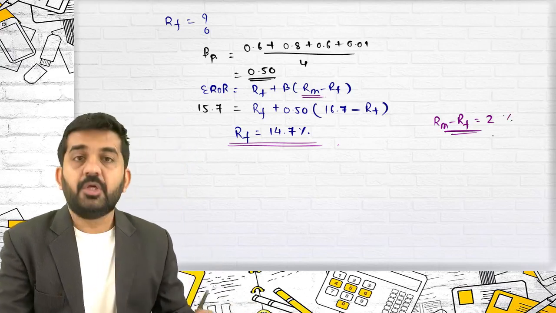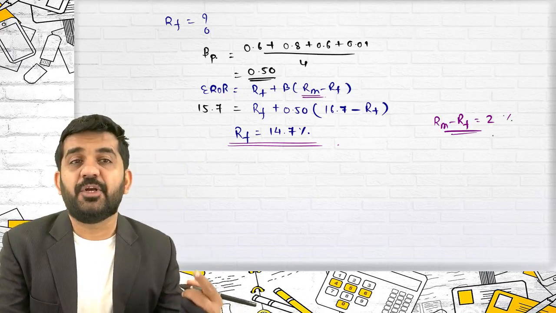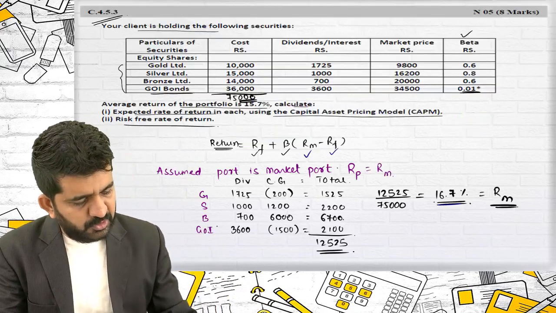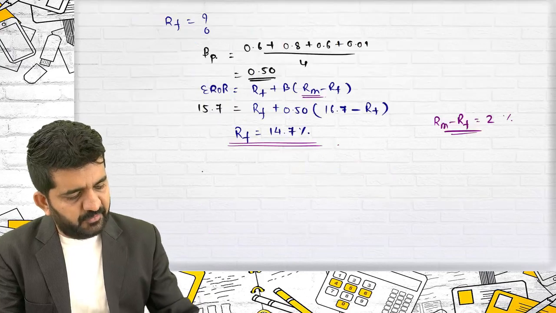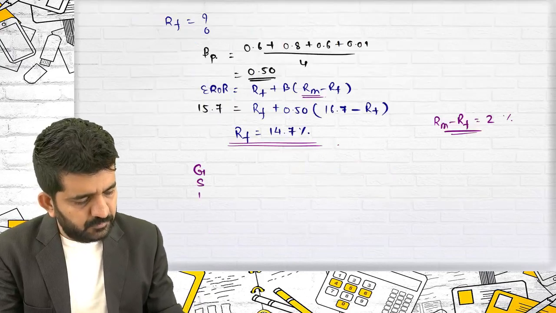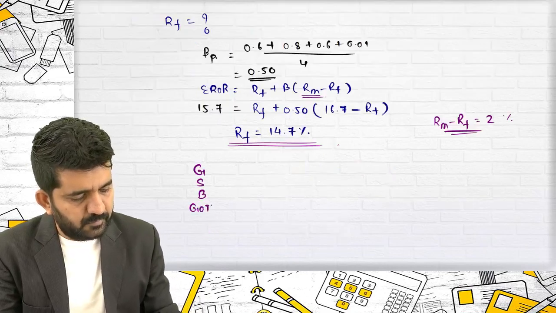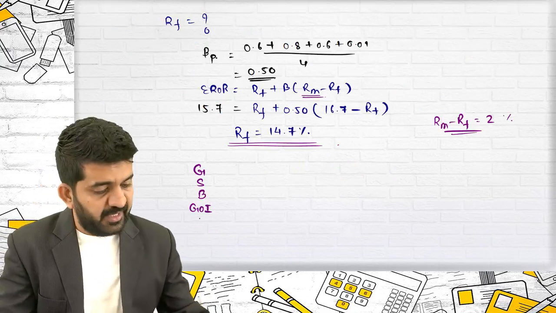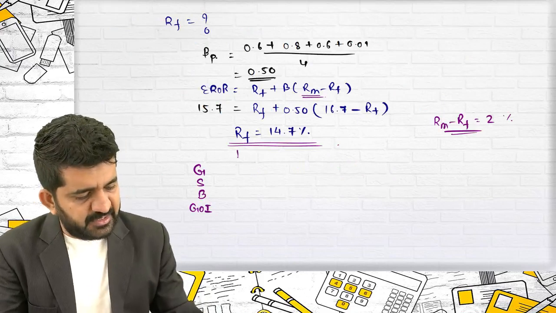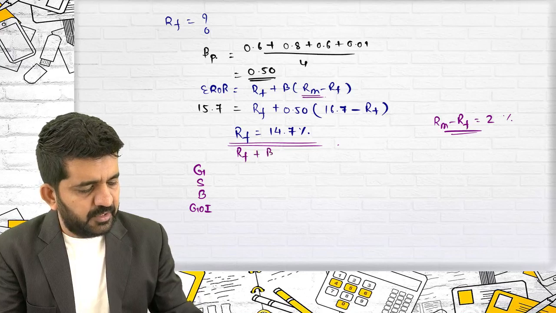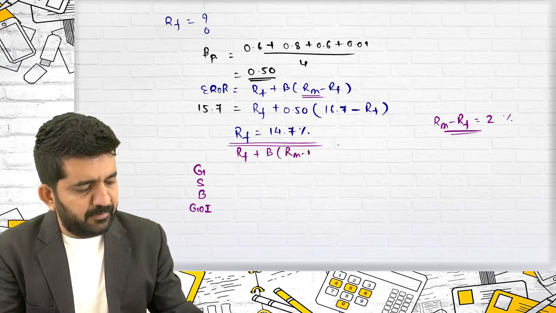Let me find the expected rate of return of each of the securities. Now, which were the securities? Gold, silver, bronze, and Government of India. I'm finding the expected rate of return again by the CAPM model: RF plus beta into RM minus RF.